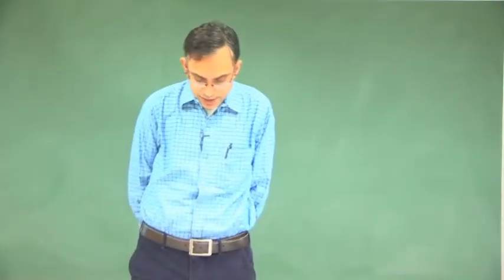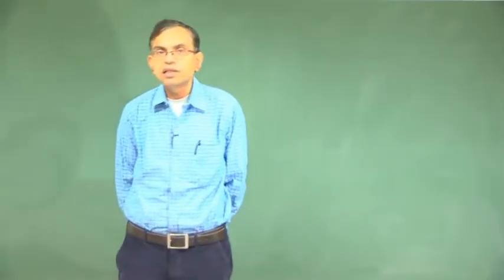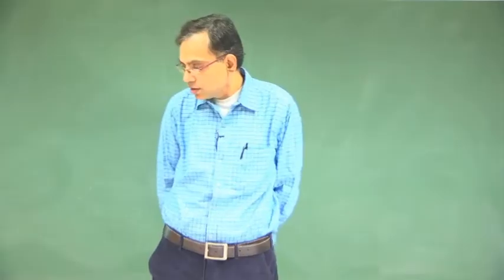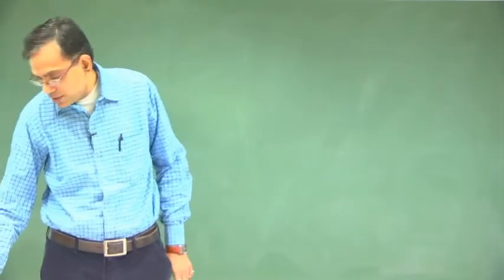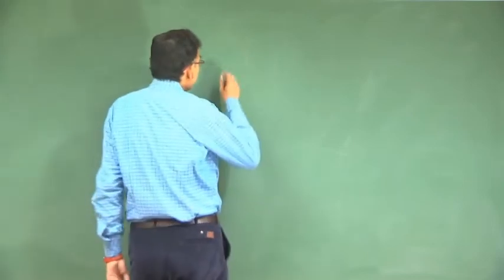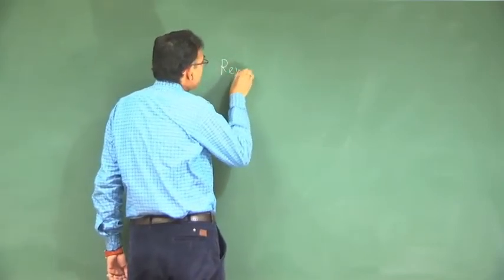In the previous lecture we were discussing the change in entropy in various processes, adiabatic, reversible adiabatic. So, we will generalize that a little bit and discuss a reversible polytropic process.